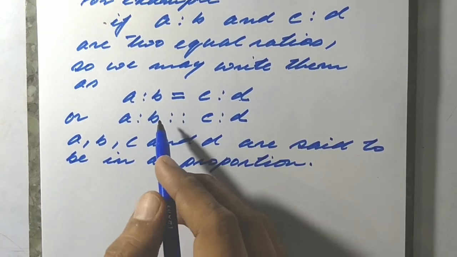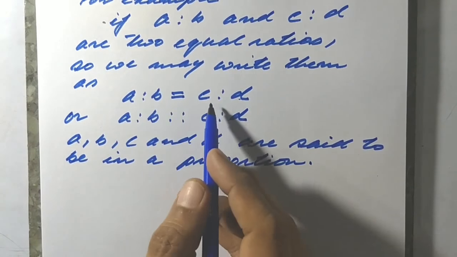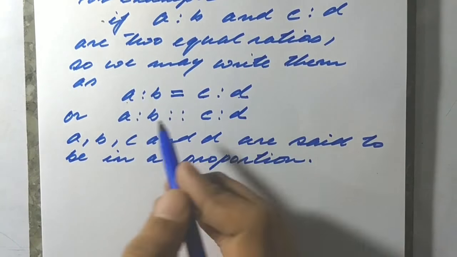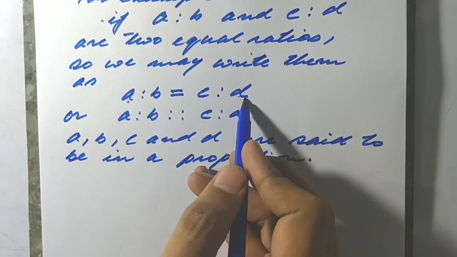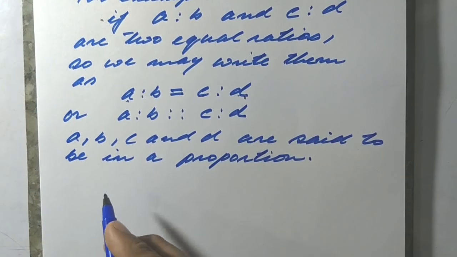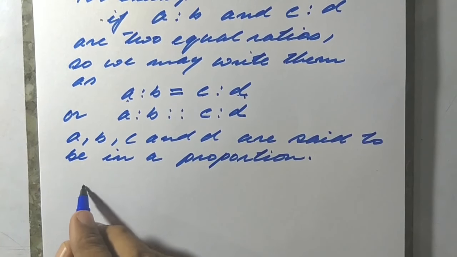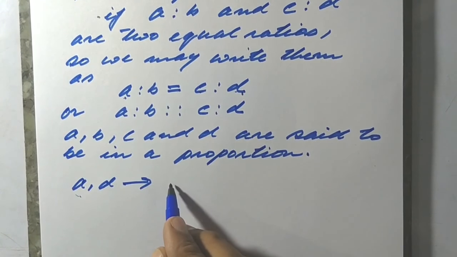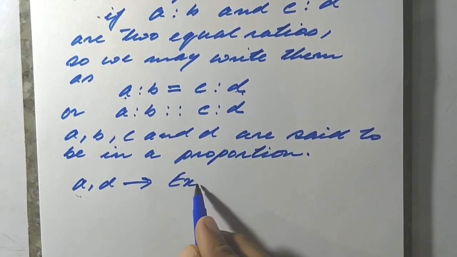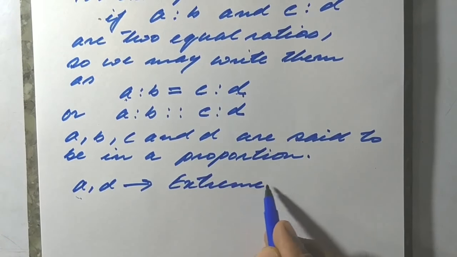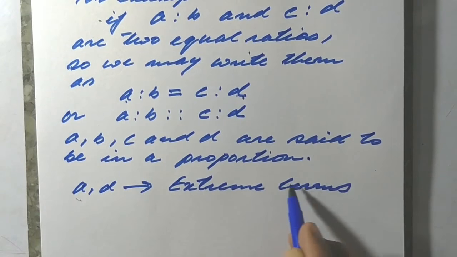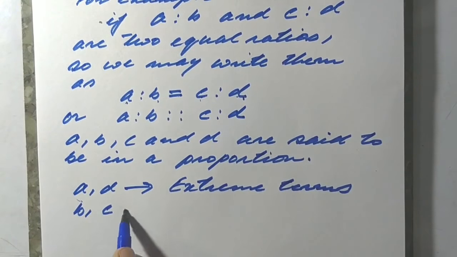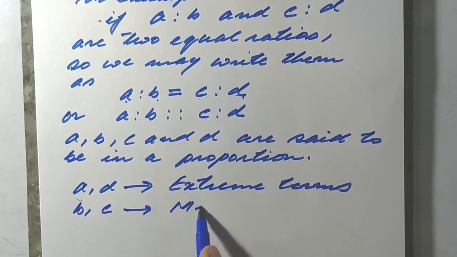There is a very important property of four quantities in proportion, that if A is to B is equal to C is to D, then A and D are said to be extreme terms. Here A and D are called extreme terms. And B and C are called mean terms.